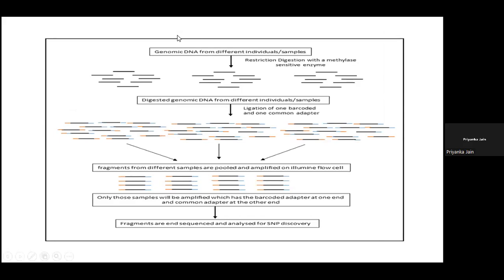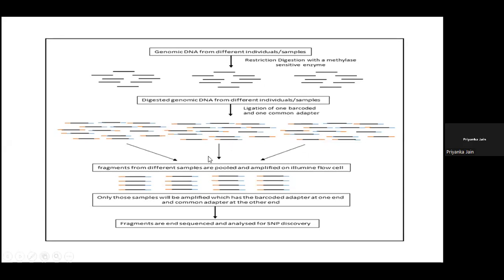After digestion, the digested genomic DNA from different individuals is ligated with one bar coded and one common adapter. Here it is not the P1 or P2 adapter. Here a common adapter is used, and one bar coded adapter which is different for different samples. Then these fragments are pooled and amplified on the Illumina flow cell.